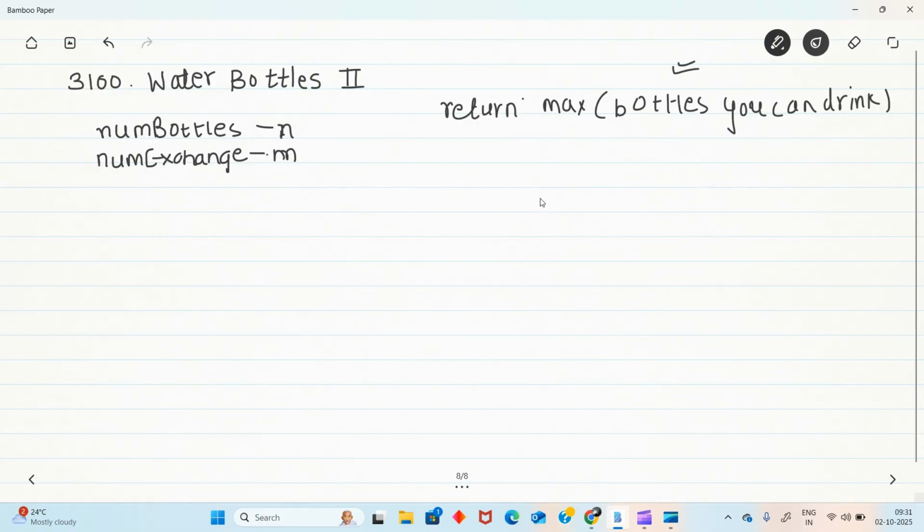That means if you have a bottle which is filled with, let's say, orange juice, definitely you will drink it. Let's say my number of exchange is 4 and I have 5 bottles.